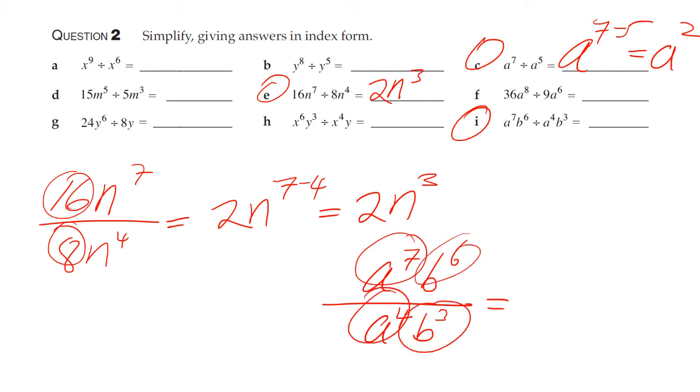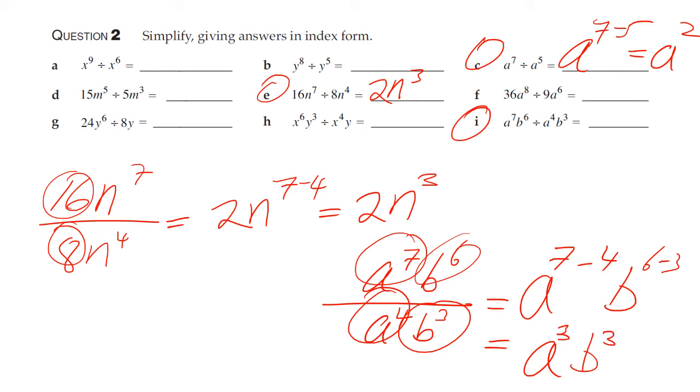So I'm going to be dividing a to the power of 7 by a to the power of 4, which is just a to the power of 7 take 4. And you do the same with the b, 6 take 3, which means you'll end up with a, 7 take 4 is 3, and b, 6 take 3 is 3. So your answer will be a to the power of 3, b to the power of 3.